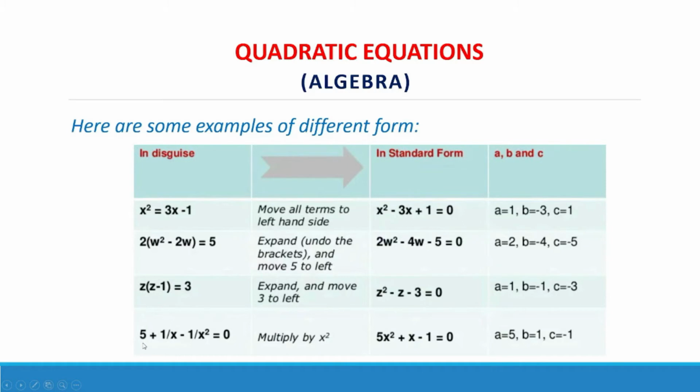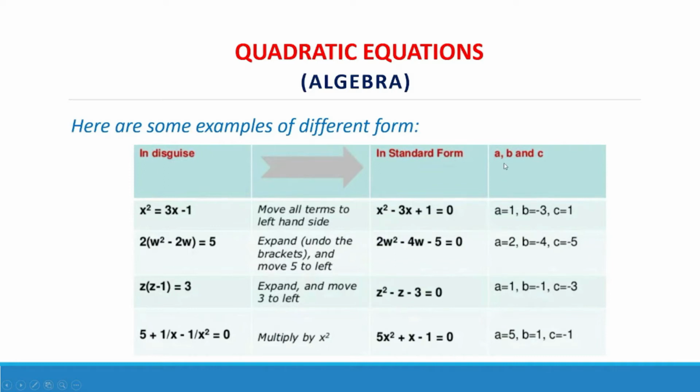And last, 5 plus 1 over x minus 1 over x squared is equal to 0. Multiply by x squared: 5 times x squared is 5x squared, 1 over x times x squared is positive x, and negative 1 over x squared times x squared is negative 1, and equate that to 0.